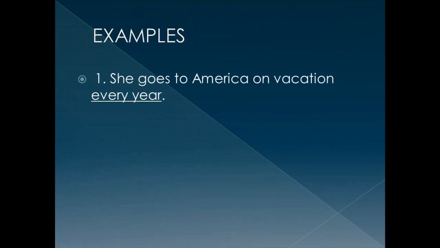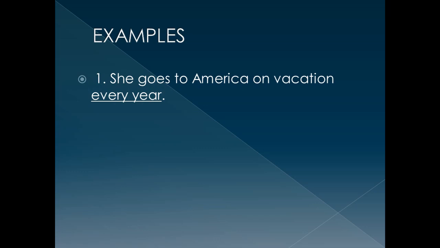See the example. She goes to America on vacation every year. See, every year is the frequency expression. So we used here subject plus V1. Every year means it shows a habit, so we use subject plus V1, that is simple present tense. She is a singular subject, so we added the S form to the verb.